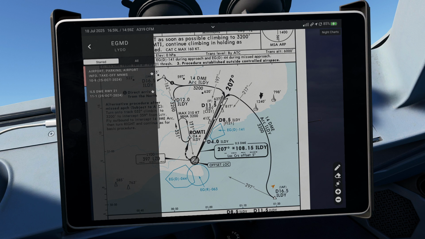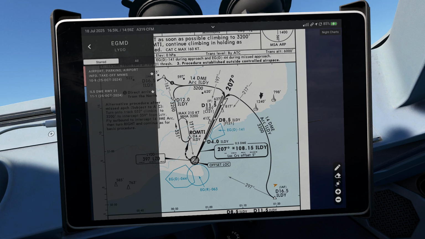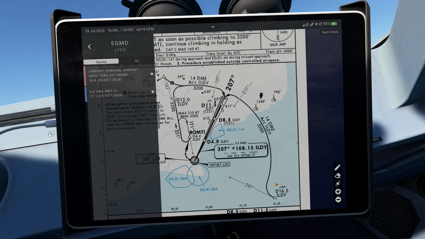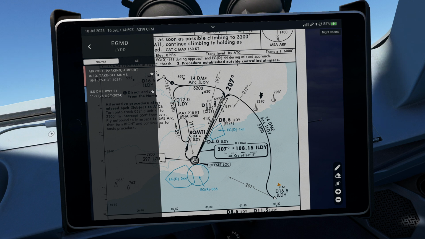The first reason is that it indicates an offset localizer. The asterisk often means the localizer is not aligned with the runway centerline. The second reason is non-standard ILS facility use. It means the frequency might serve multiple runways or multiple approach types.